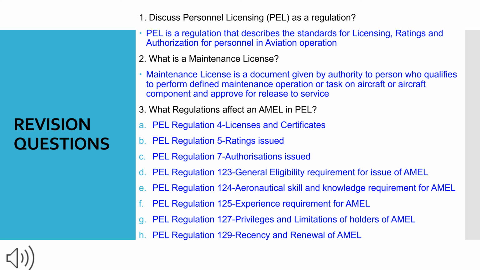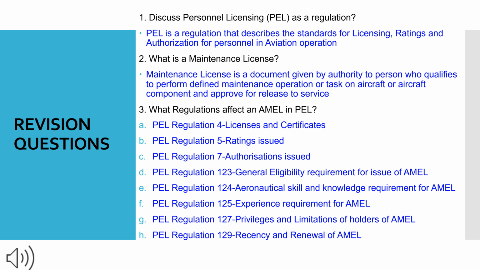Question number 3, what regulations affect an aircraft maintenance engineer in personnel licensing? First is Personnel Licensing Regulation number 4, which is the licenses and the certificates. Another is Personnel Licensing Regulation number 5 for ratings issued. Personnel Licensing Regulation number 7 is about authorizations issued.